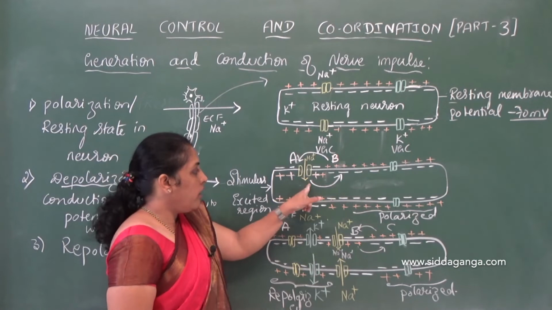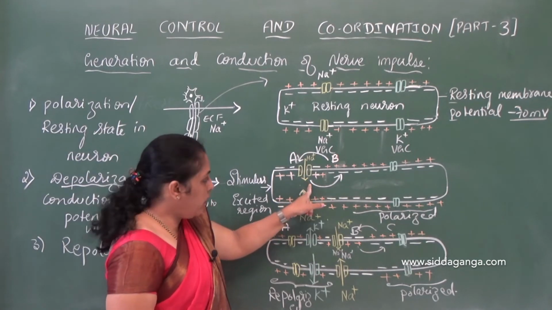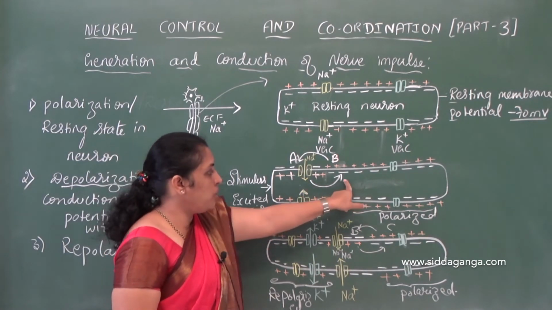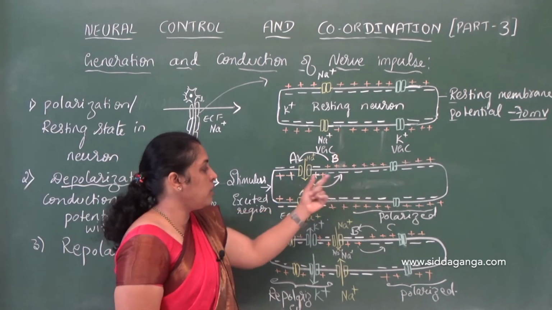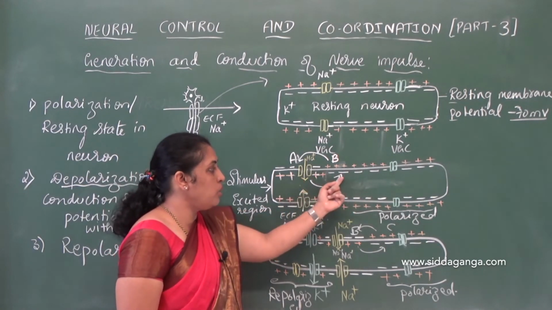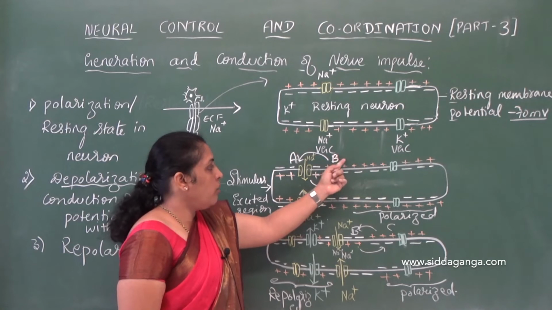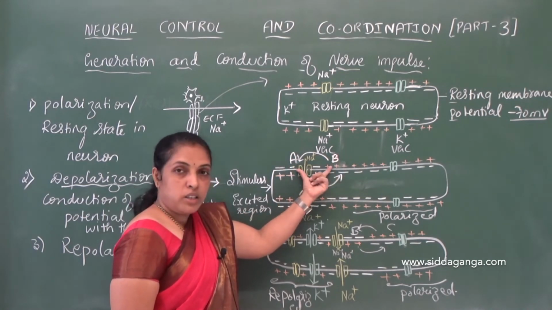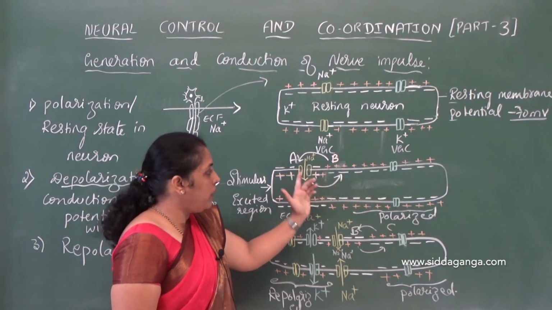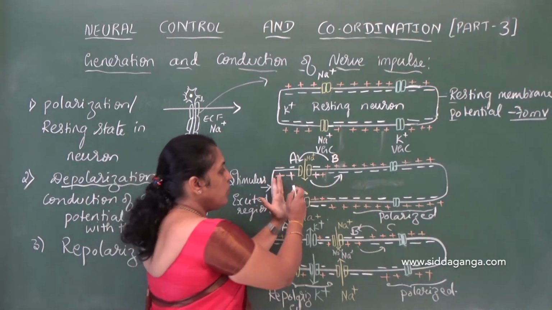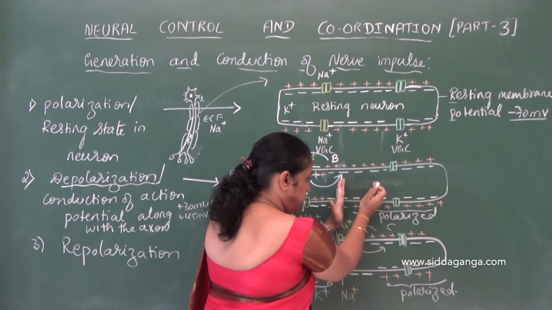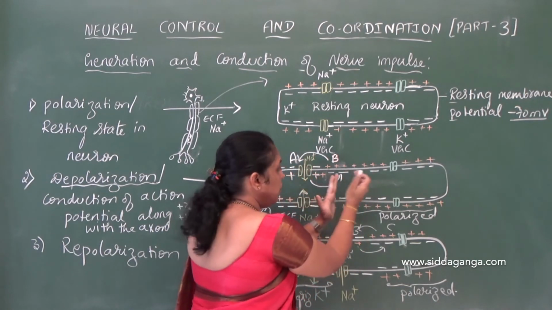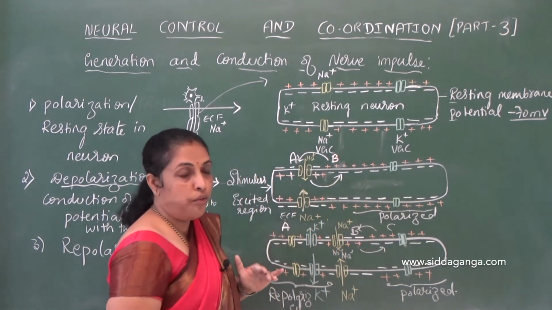Then a mini electric circuit will develop between positive and negative from A to B region, that means from depolarized state to polarized state, again from polarized state to depolarized state. When the mini electrical current flow circuit completes, the stimulus will shift to the adjacent area of the nerve fiber.